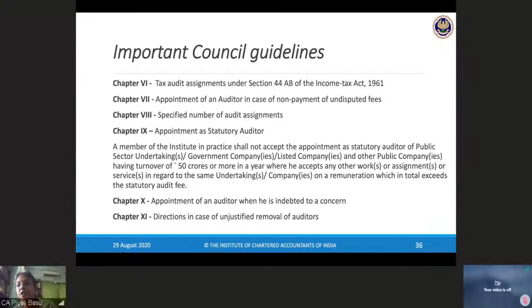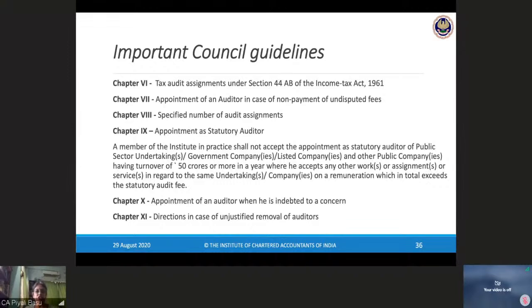Appointment as the statutory auditor will also follow these sections, as in chapter 8, where the specified number of audit assignments that can be taken up by a member in practice is also guided by Companies Act 2013, section 141, specifically subsection 3, clause G. Appointment of an auditor.